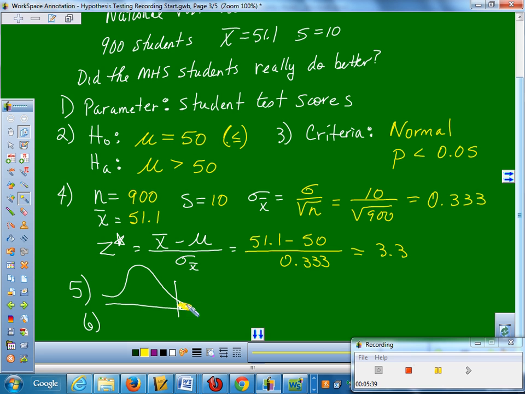So I'm going to go to my chart, look up a z-score of 3.3, and discover that, yes, indeed, that's very, very near the end of the chart. At 3.3, if you go over to column C, you're going to find out that the probability is 0.0005.